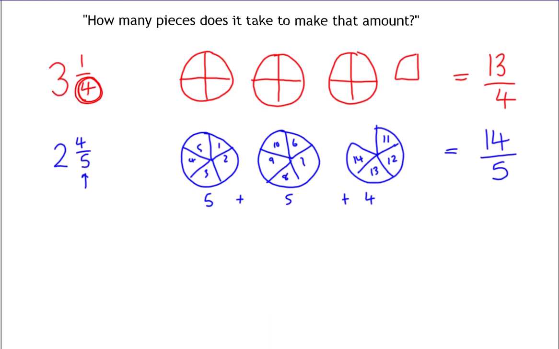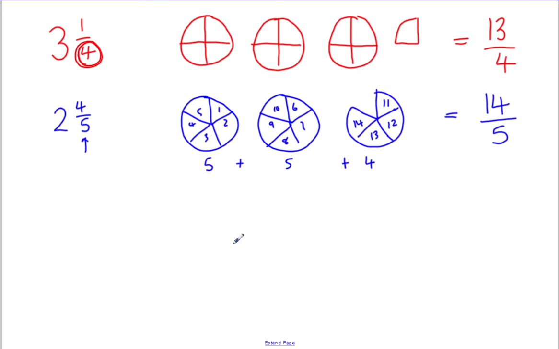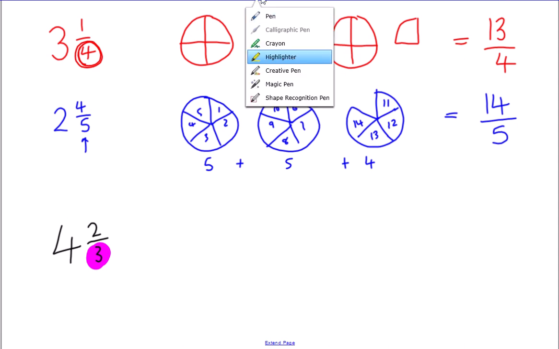So is there a quick way of converting back again then? Well, yeah, you've got to pay attention to your denominator now. So if I say 4 2/3, you've got to realise that we're working in thirds. So 4 wholes would be 4 lots of 3. So 4 times 3 is 12.